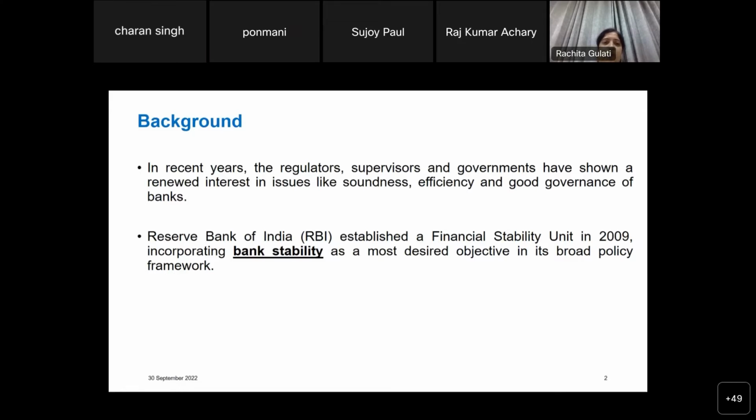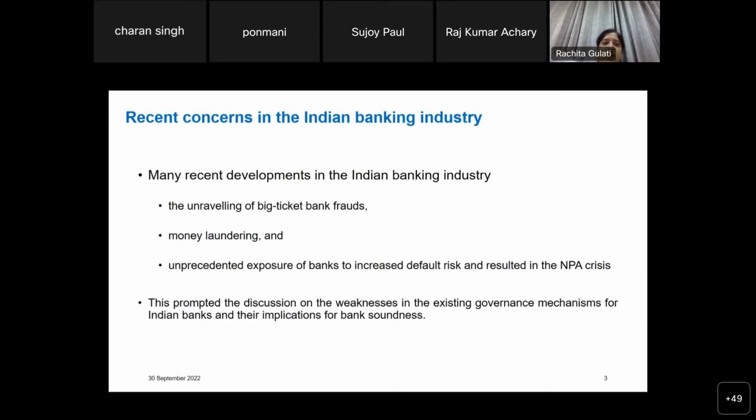Looking into the recent concerns that the Indian banking industry has faced, they are the unraveling of big-ticket bank frauds, money laundering, and the unprecedented exposure of the banks to increased default risk, which has resulted in the NPA crisis.